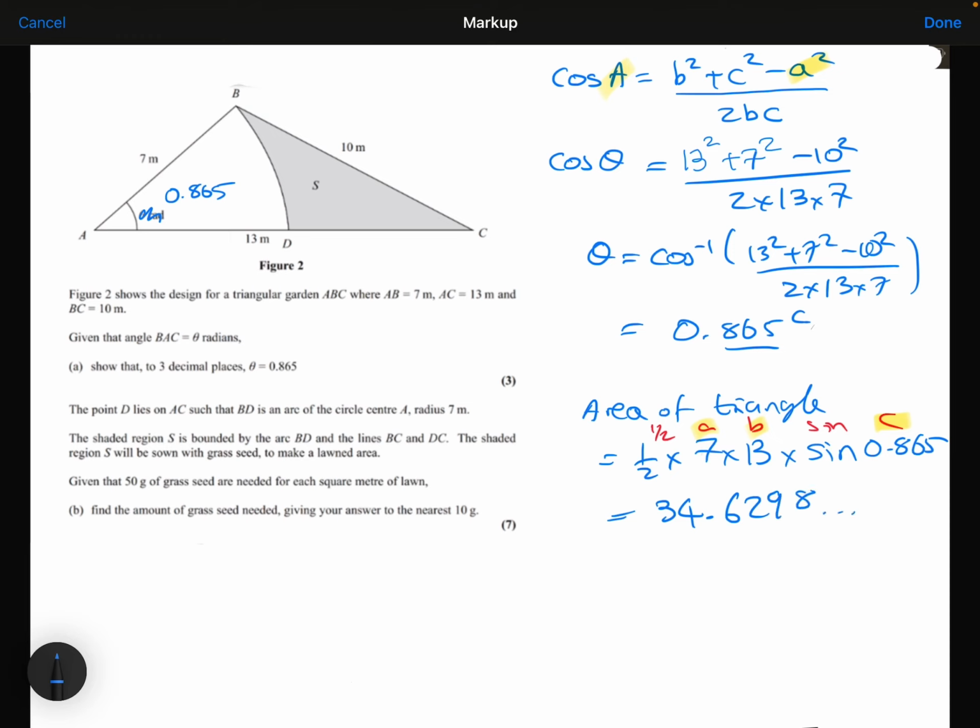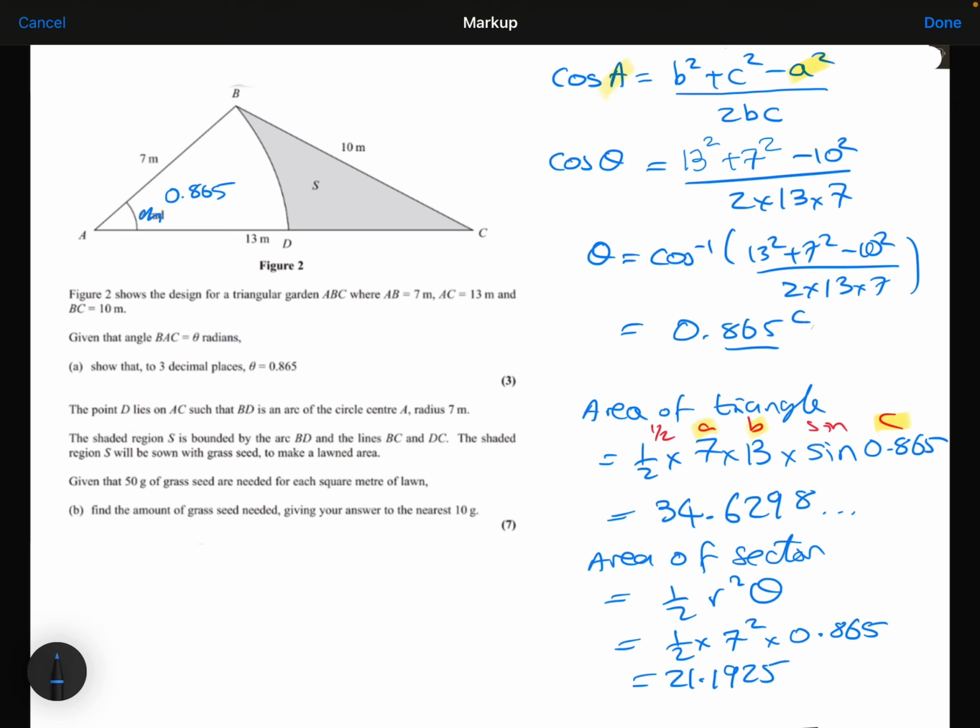We now want to subtract the area of the sector. The formula for the area of the sector is half r squared theta. So a half times 7 squared times the angle of the sector, which again is 0.865. Which gives 21.1925.